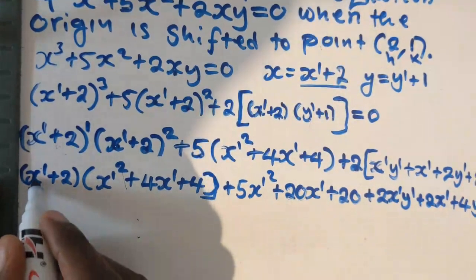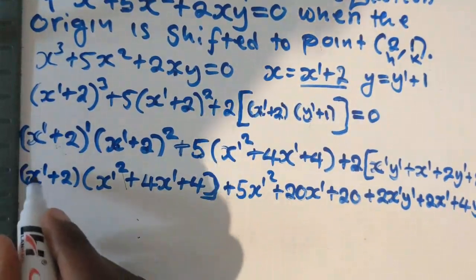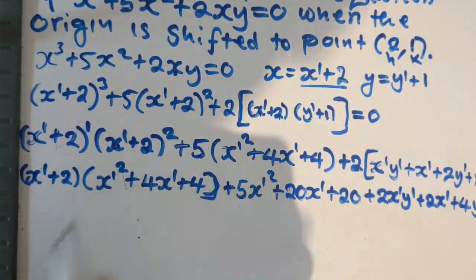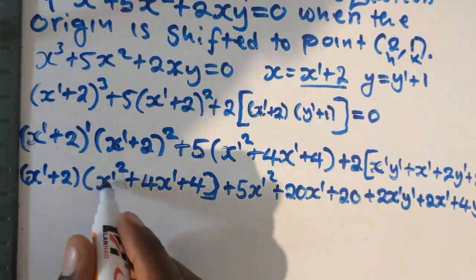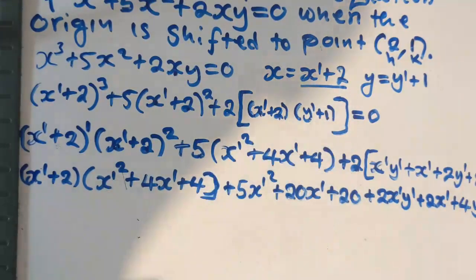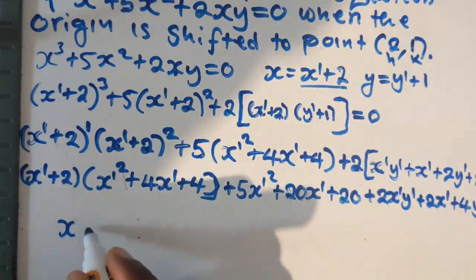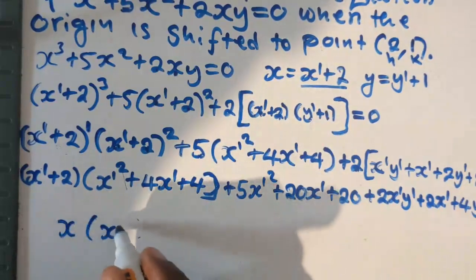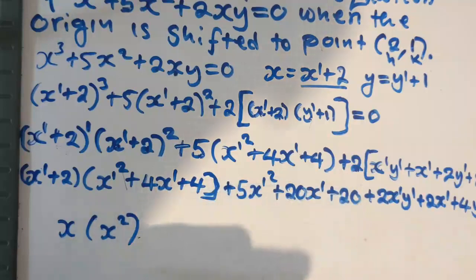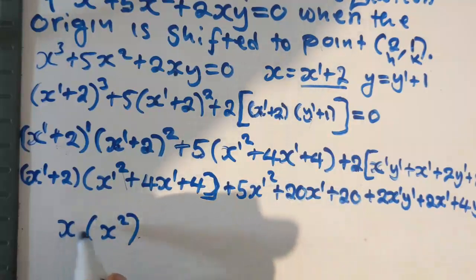All right, so you need to multiply x prime times x prime to the power 2. When you're multiplying x times x to the power 2, you're going to add the powers.